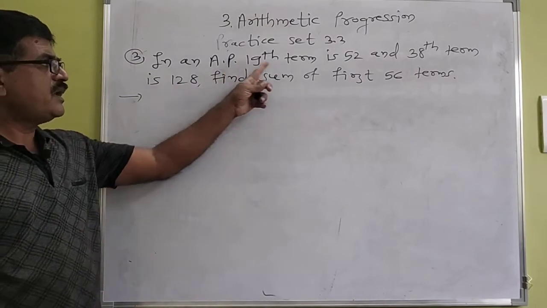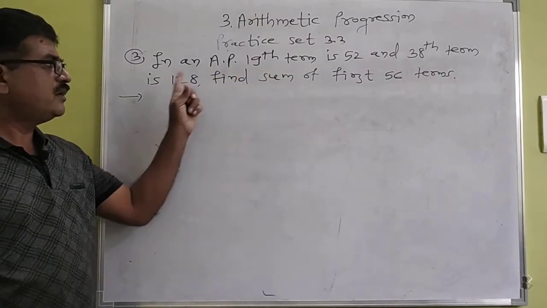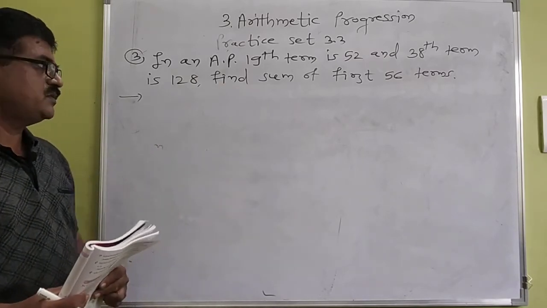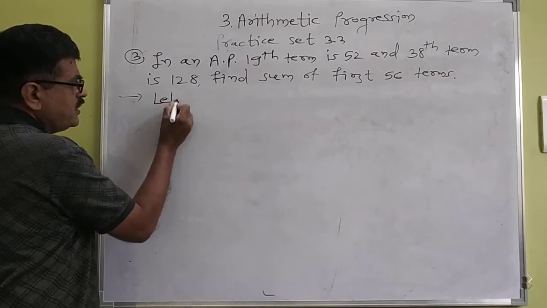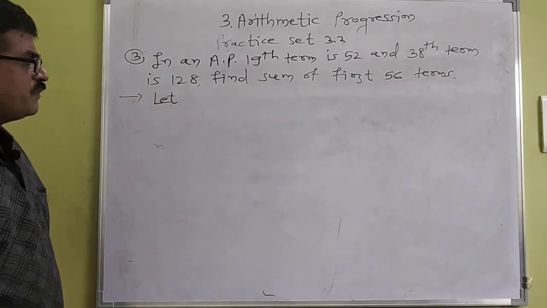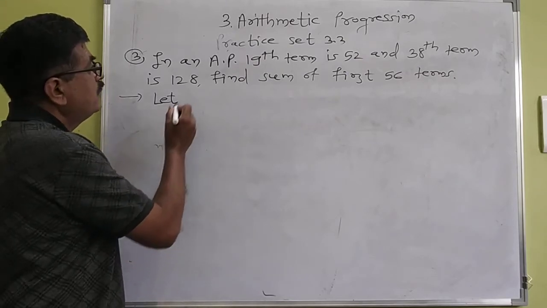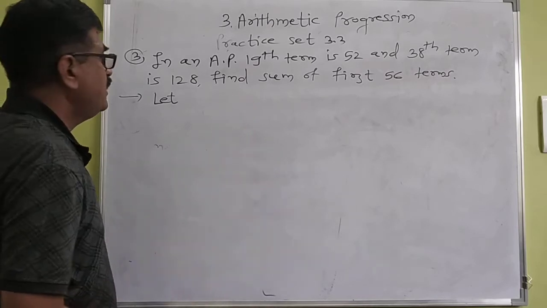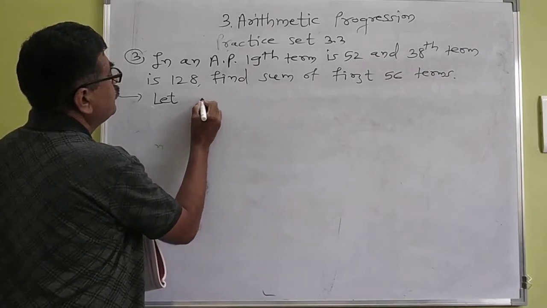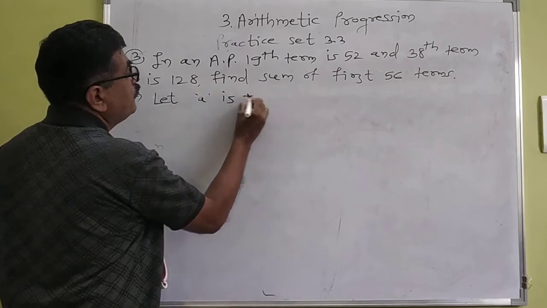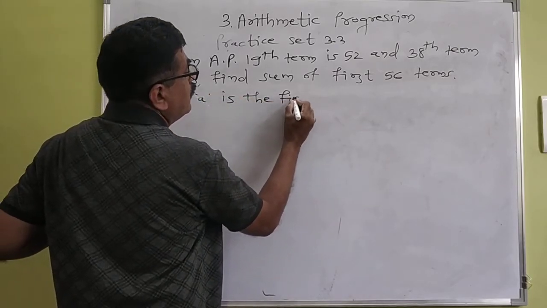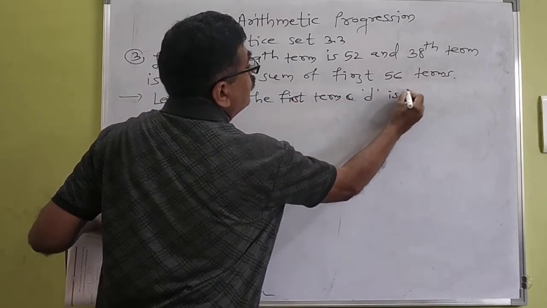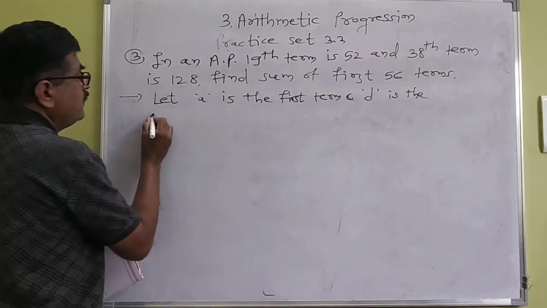Here in an AP, the 19th term is 52 and the 38th term is 128. We have to find the sum of the first 56 terms. For this, first we consider: let A be the first term and D the common difference of the given AP.